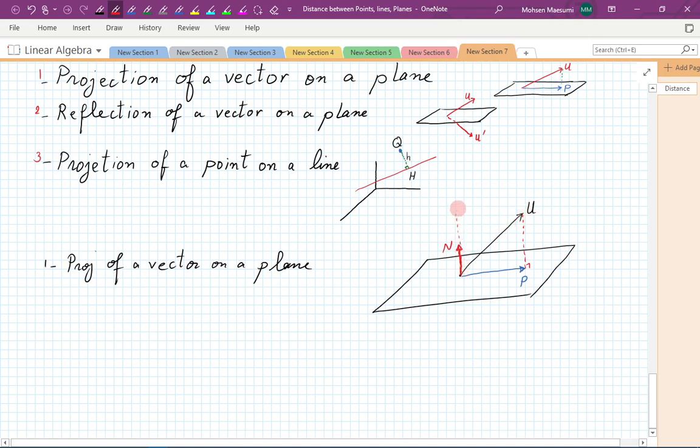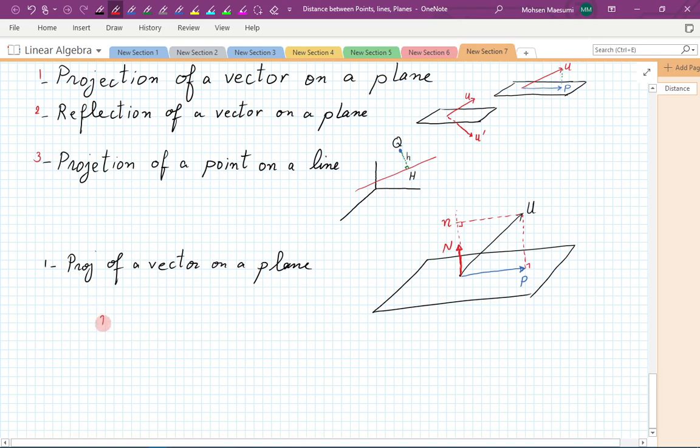So we drop a perpendicular here, and with that projection given to us, let's call this thing little n.